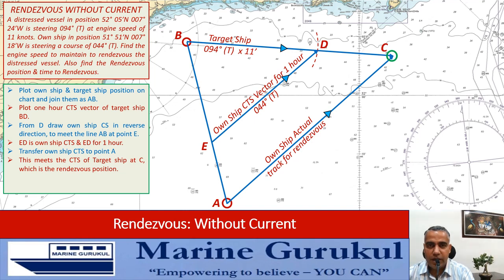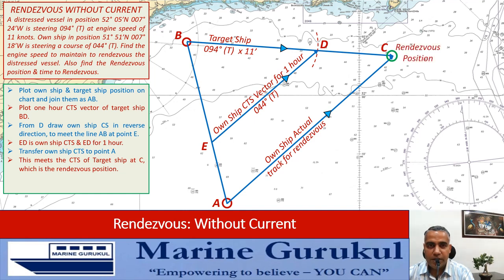Vector AC, Alpha Charlie, will be the actual track followed by the own ship, and vector BC, Bravo Charlie, will be the track followed by the target ship. The rendezvous position can now be read off from the chart.